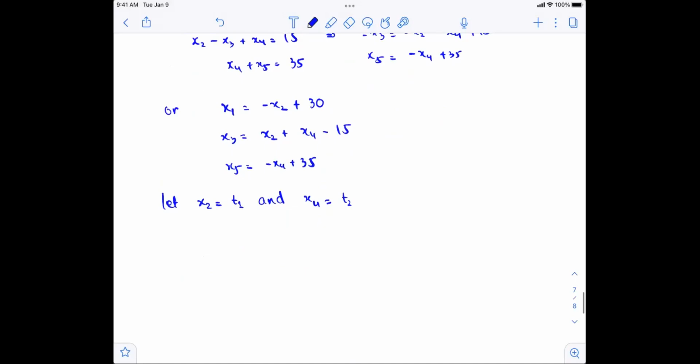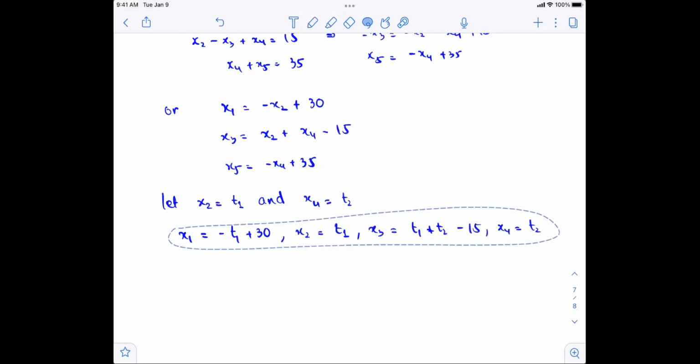We got that x1 is equal to negative t1 plus 30, x2 equal to t1, x3 is equal to t1 plus t2 minus 15, x4 is equal to t2.